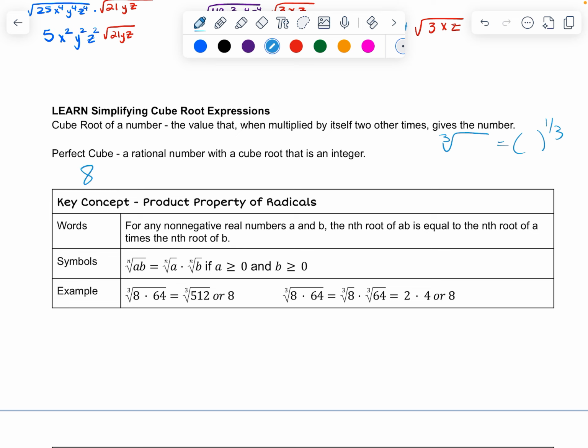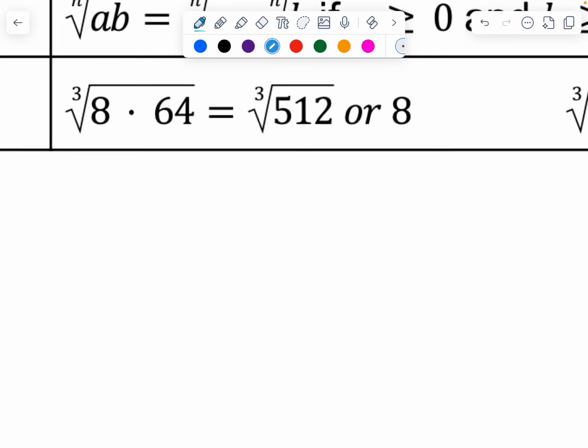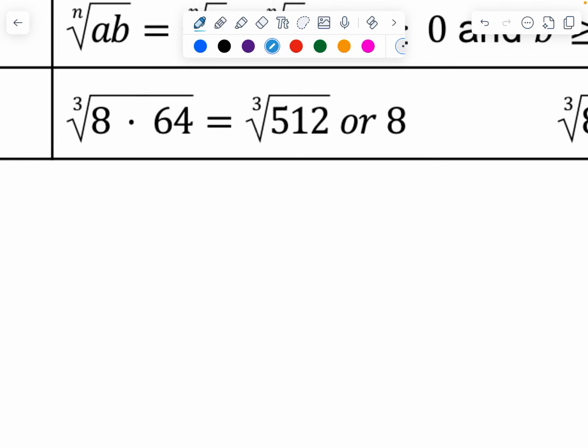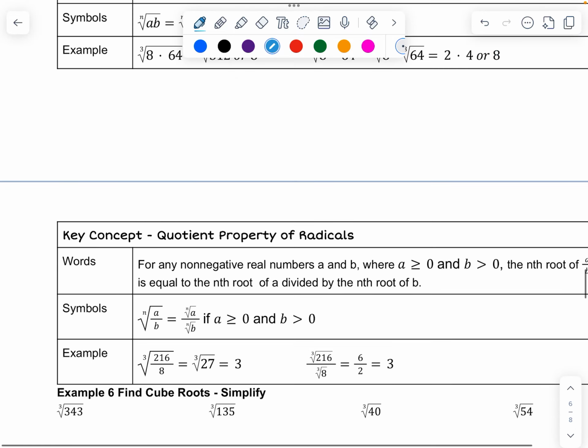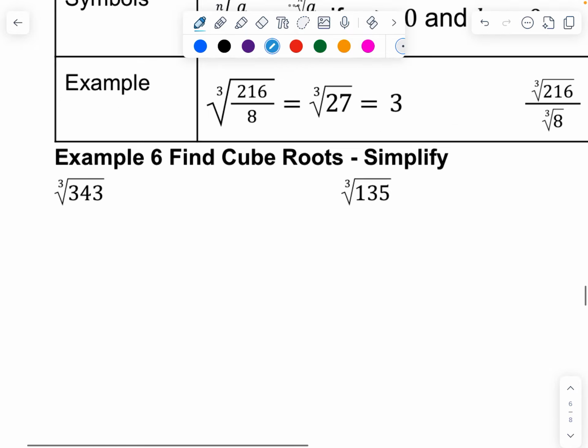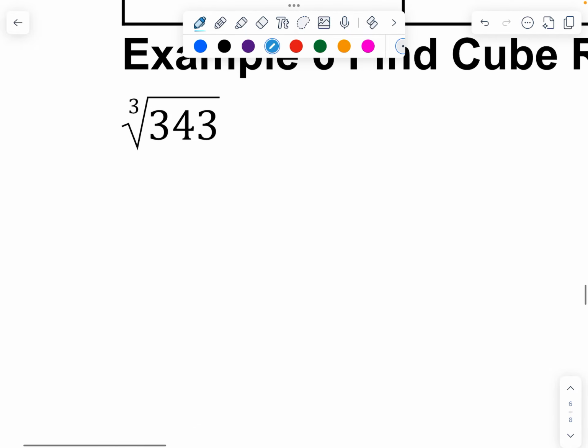So 8, 27, 64, 125, yeah, blah, blah, blah. Okay, so this time we're going to be finding the perfect cubes of things. Or not the perfect cubes, the cubed roots. So let's do this. I'm not going to go through all of those things.